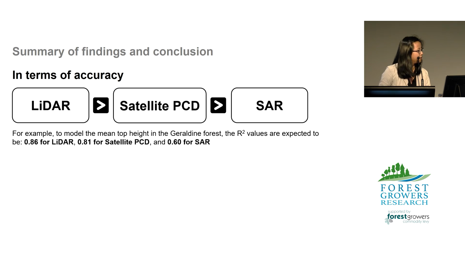For the satellite point cloud data, even though it performs slightly worse than the LIDAR data, it is still fairly accurate, and it just needs a precise DTM, a precise terrain model, which can be beneficial because the LIDAR dataset within New Zealand is being captured with LINZ.